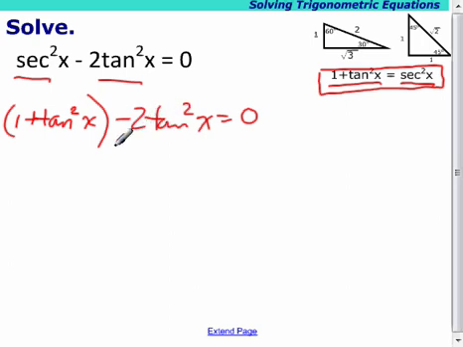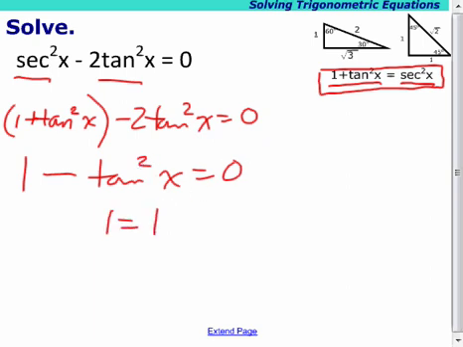And so I should be able to solve this one now. So 1 plus tan squared minus 2 tan squared. This is 1 tan squared minus 2 tan squared, so this would be 1 minus 1 tan squared x is equal to 0. If I move the tan squared to the other side, I get tan squared x is equal to 1.